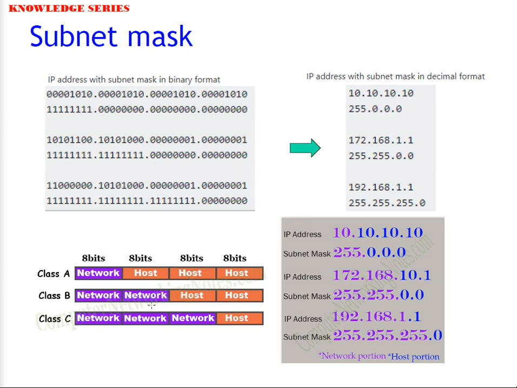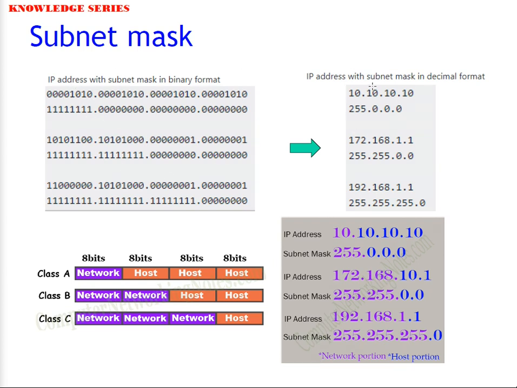Now for an IP address and a subnet mask, we normally use decimal notation. That is what we see here. This is decimal notation, or we can use binary notation. So this is binary notation.